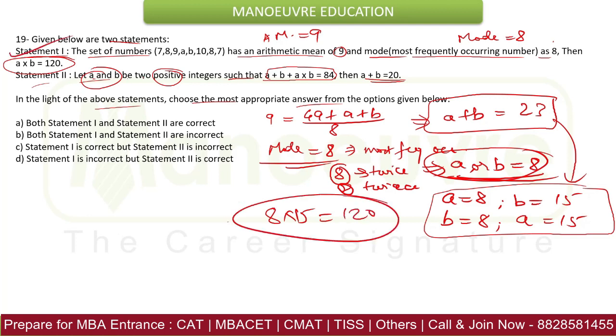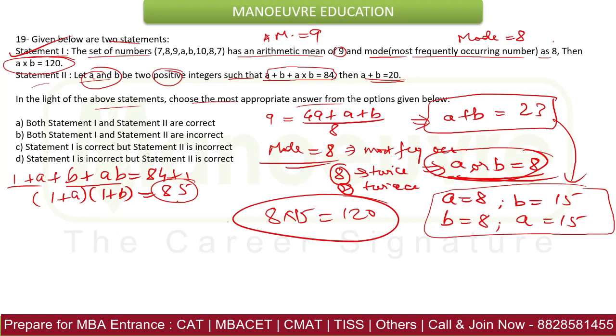Now statement 2, A and B are two positive integers. So A plus B plus AB is equal to 84. If I add 1 over here, taking common, it will be 1 plus A into 1 plus B, which will be equal to 85.